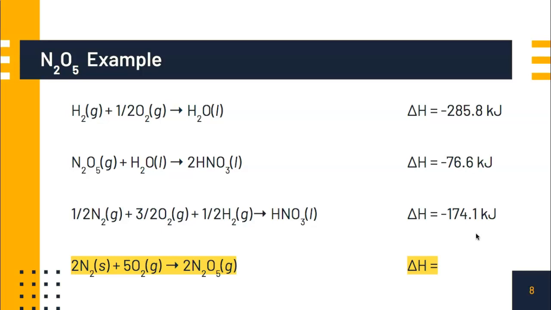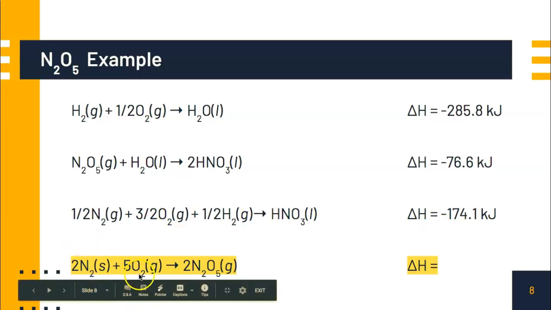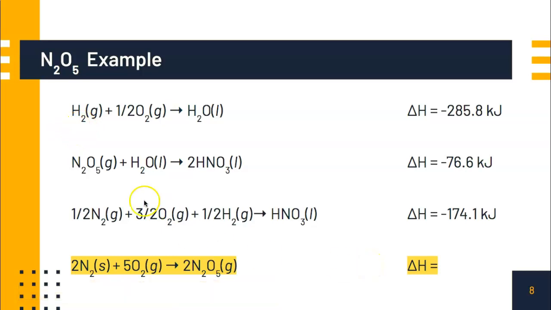Again, our second step is to start manipulating our other equations, and a good place to start is by looking for an equation that contains one of these chemicals and is the only one that contains it. So if we look at our first equation, we can see that we've got hydrogen, we've got oxygen, and we've got water. There is, in fact, oxygen in our target equation.